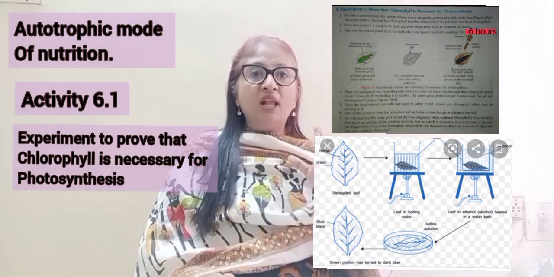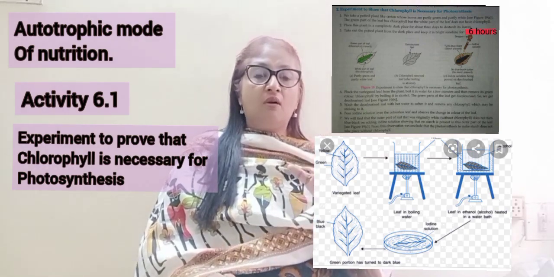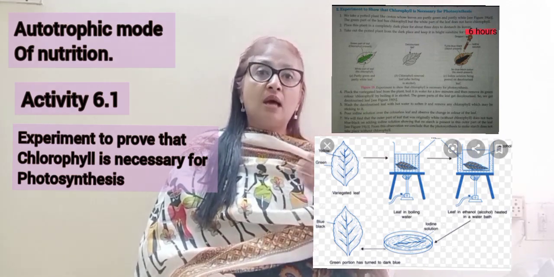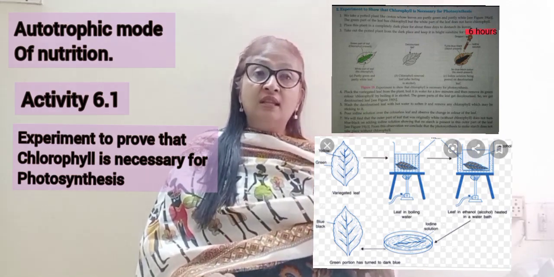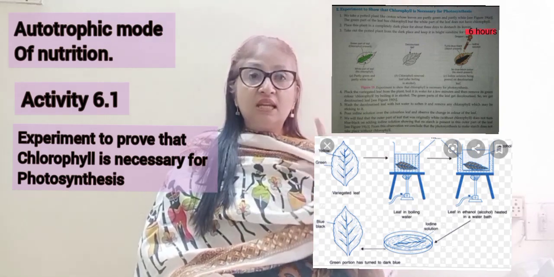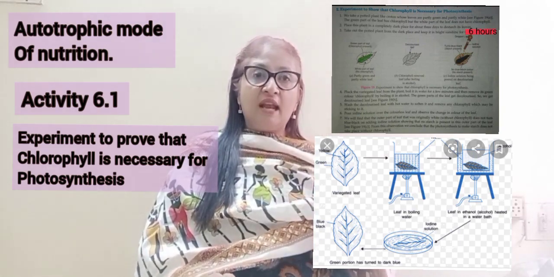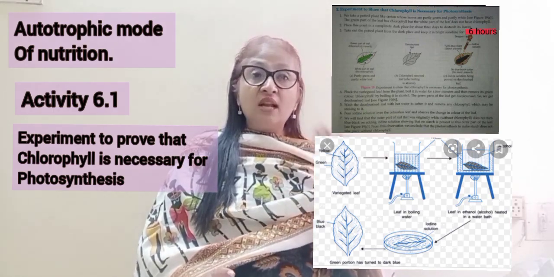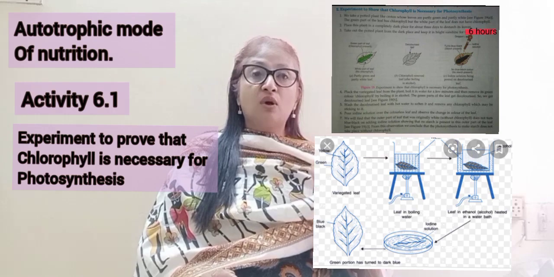So when we boil this leaf in alcohol, it becomes colorless, and you can see that the color oozes out and the alcohol becomes green in color. This colorless leaf then has to be taken out. It is somewhat brittle, so we need to rinse it in water so that the tissue softens.